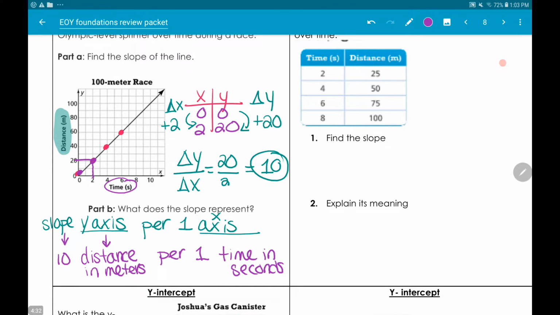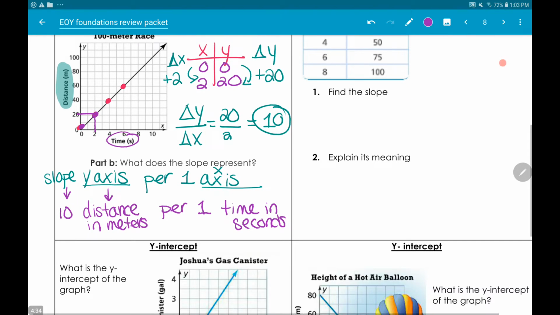Okay, so 10 meters in 1 second is what the slope represents. Alright, so I'm going to simplify that. 10 meters in 1 second. That will work every single time, so all you have to do is translate it.